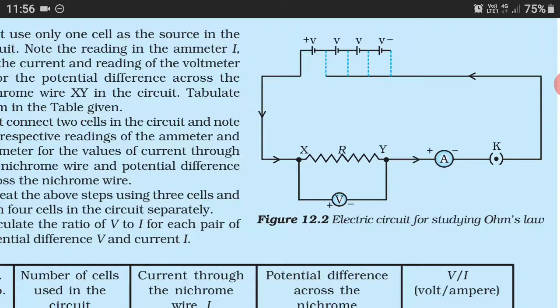At that time, he did not have any battery, that is, the combination of cells as we see in our physics lab.